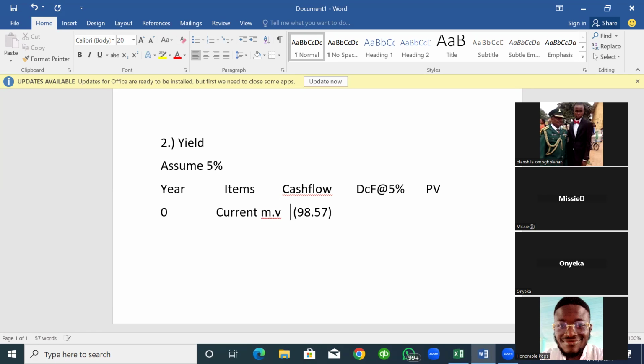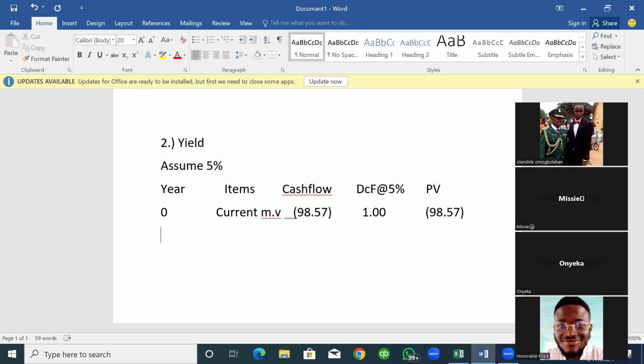So 98.57 for our discounting factor here. So this is 1.00. So our PV here now is still going to be 98.57. That's for year 0.